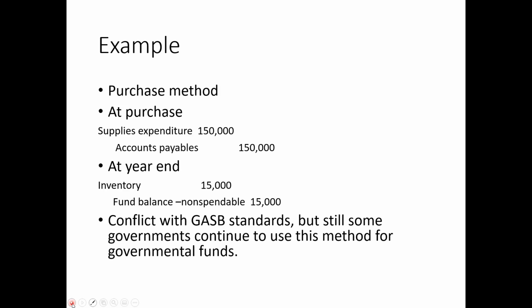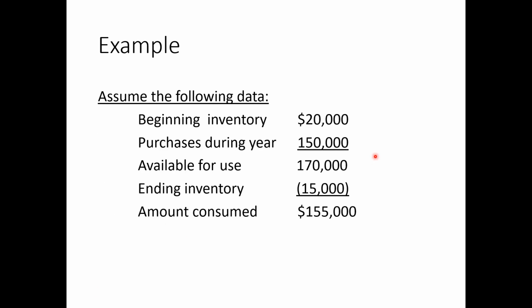I'll go back and look at the question. At the beginning, we have 20,000 beginning inventories, which means at the beginning fund balance we have 20,000 non-spendable fund.